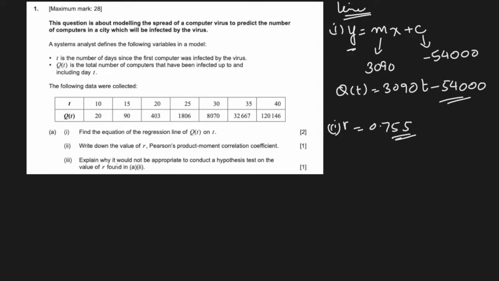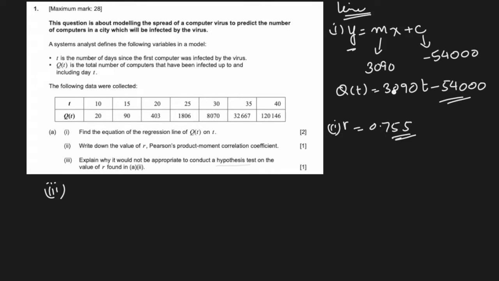Number 3, explain why it would not be appropriate to conduct a hypothesis test on the value of r. There are many reasons. Mainly you can see that it is increasing exponentially.